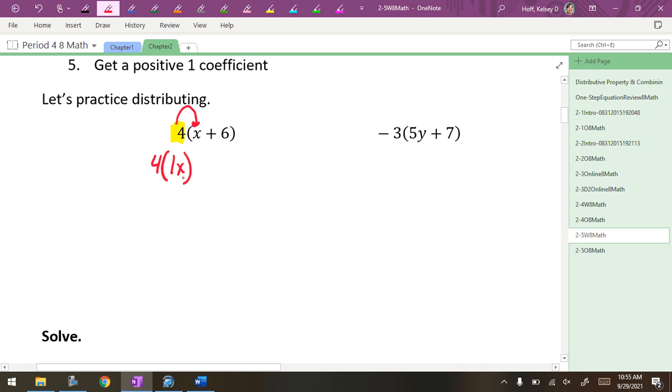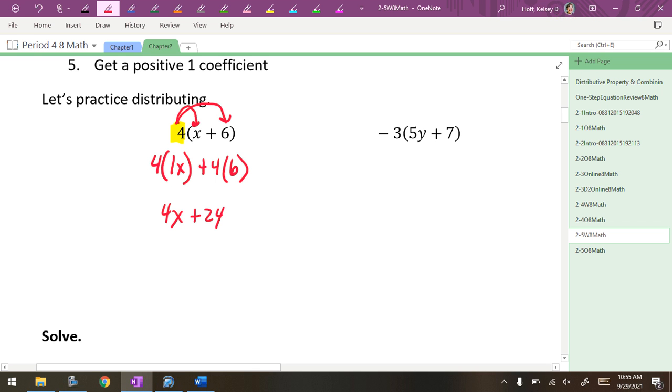If you want to write x, that's fine. What type of 4 did you tell me it was? Positive. So +4 times 6. Notice I put a plus sign here because it was a +4. 4 times 1x, 4x. 4 times 6, 24. Positive or negative? Positive.